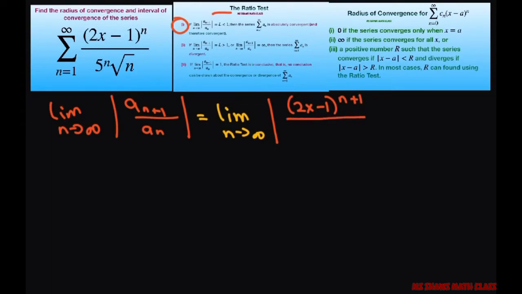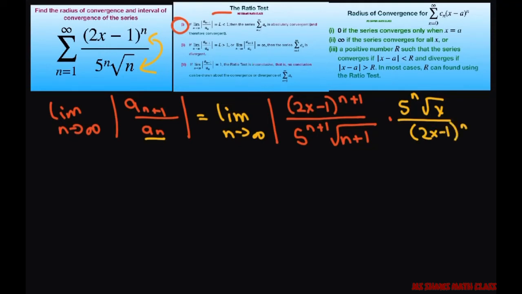And then the denominator is going to be 5 to the power of n plus 1 times the square root of n plus 1. And now we have to deal with a sub n. Instead of dividing, we're multiplying by the reciprocal because it's the same. So we're going to get 5 to the power of n times square root of n divided by 2x minus 1 to the power of n.